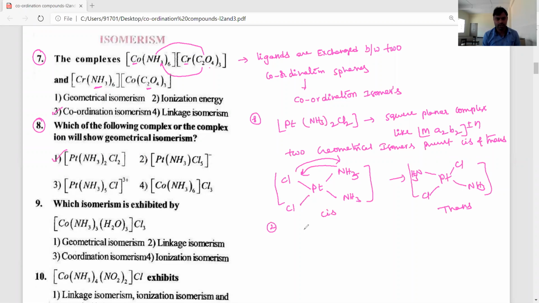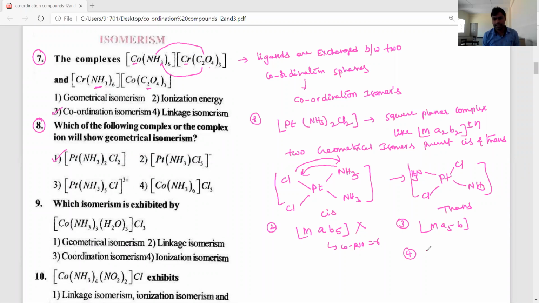Let's see the second option. Platinum is the central atom, MaB5, which means coordination number 6. But Ma5b does not show geometrical isomerism. The third option also, MA5B or MAB5, whichever it may be, is similar and does not show geometrical isomerism.